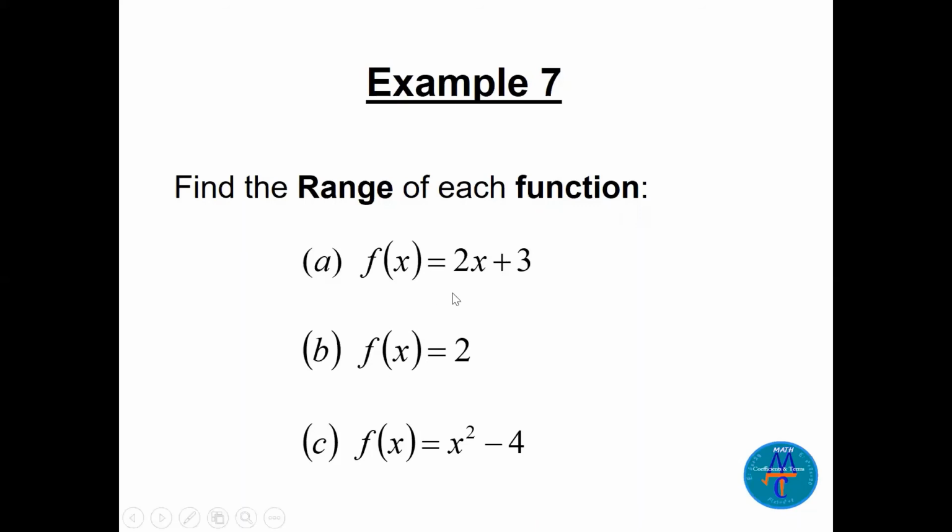So now here, what is the first one? Straight line. Now we know this is y power 1, x power 1, straight line. Just imagine a straight oblique line. That means the domain and the range are R. Now if you look at number 2 here, f of x equals 2. Try to think, what is f of x equals 2? That means y equals 2. What is the graph?